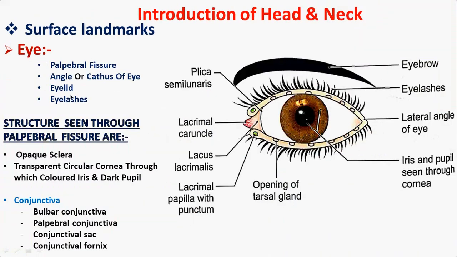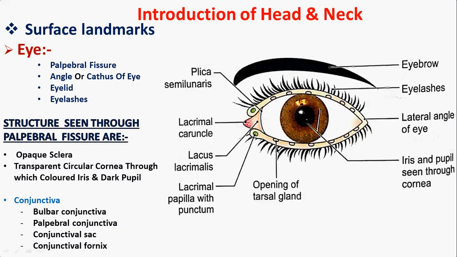We will see the eye. Here you can see between the two eyelids, this structure is called the palpebral fissure. This is the angle of the eye, and we call it the canthus, plural canthi, of the eye.